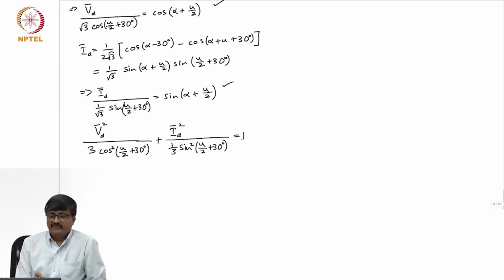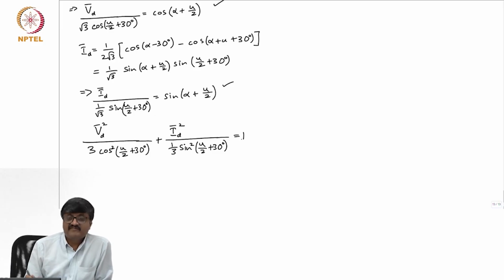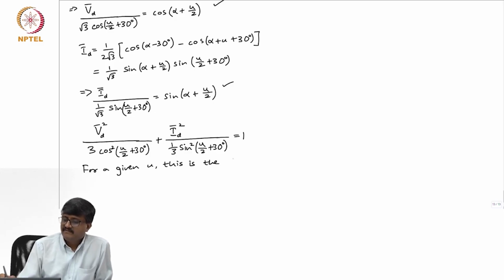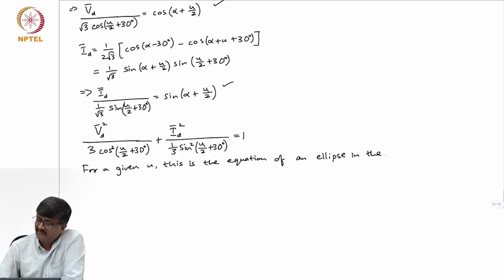So if u is constant, then this is the equation of an ellipse in the graph of Id versus Vd. So for a given u, this is the equation of an ellipse in the graph of Id versus Vd.